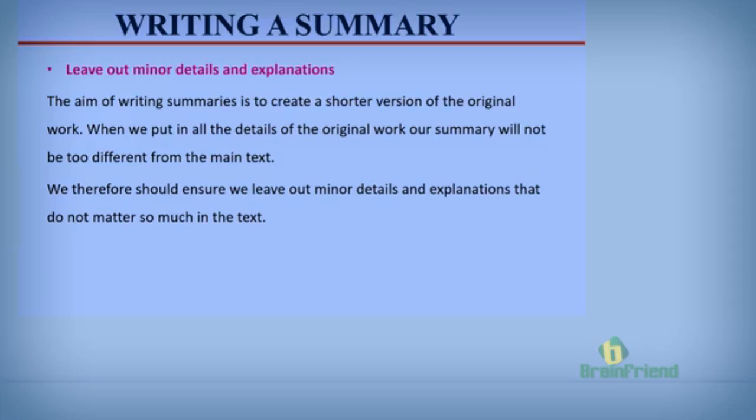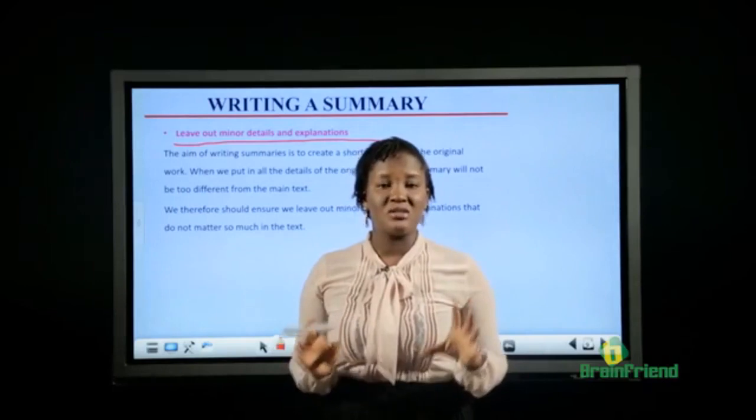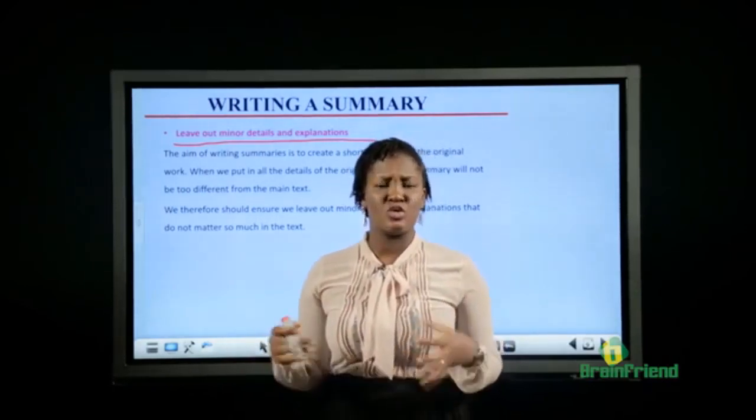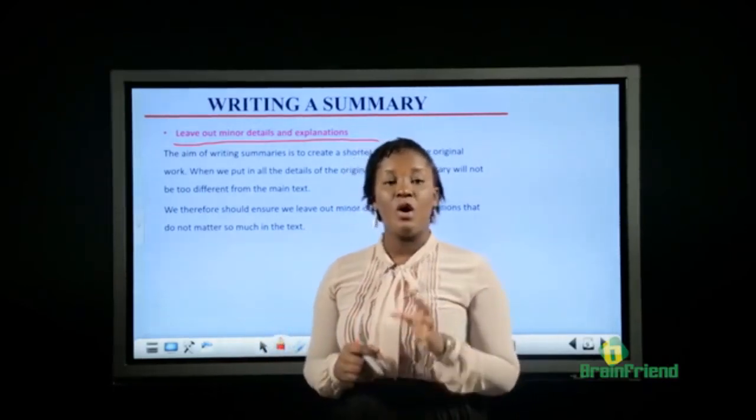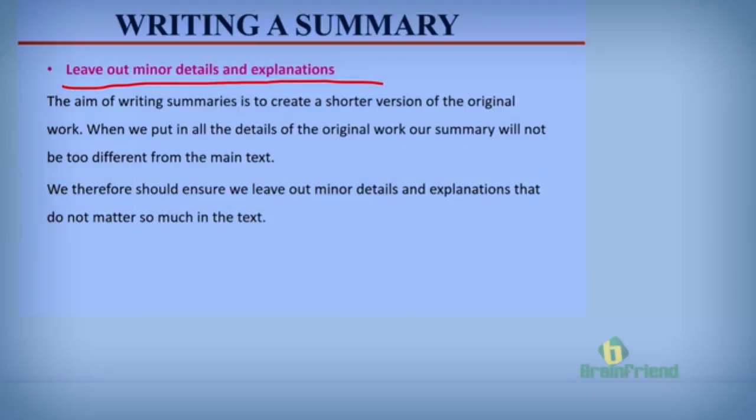Now, also take note of the fact that we should leave out minor details and explanations. When you're writing a summary, do not nibble on minor details or things that don't really add to the essence of what you are summarizing. The aim of writing summaries is to create a shorter version of the original work. When we put in all the details of the original work, our summary will not be too different from the main text.